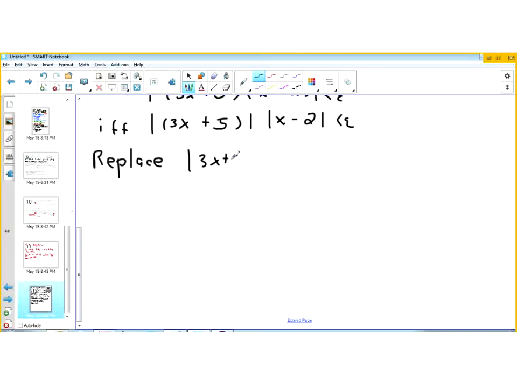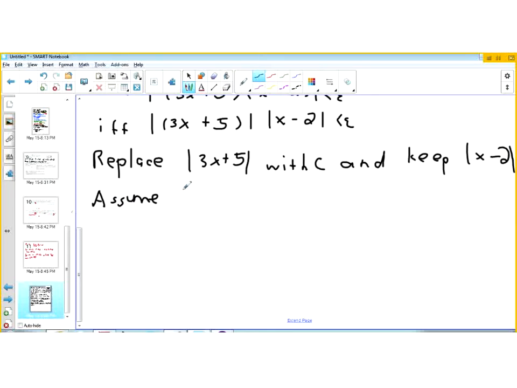Okay, so what do we do? Replace the absolute value of 3x plus 5 with a constant c, and keep the absolute value of x minus 2, since we wish to solve for the absolute value of x minus 2.